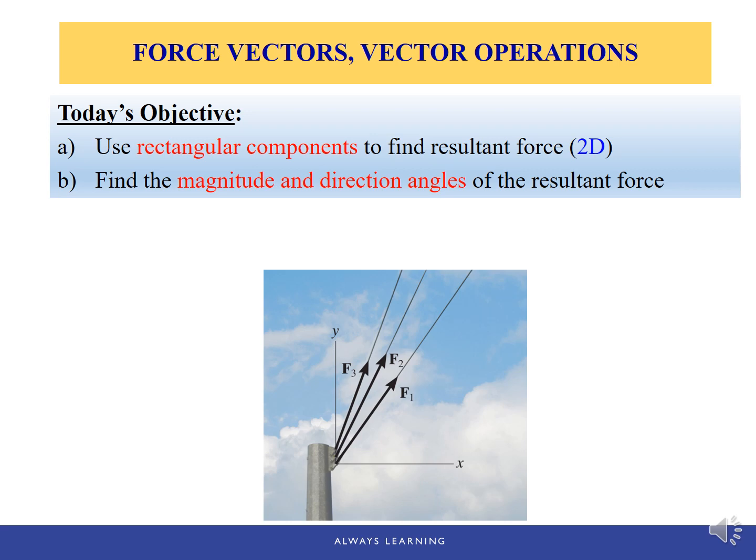When a force is resolved into two components along the x and y axis, then the components are called the rectangular components. That's why in this video, we're going to introduce examples in 2D. There are only x direction and y direction.